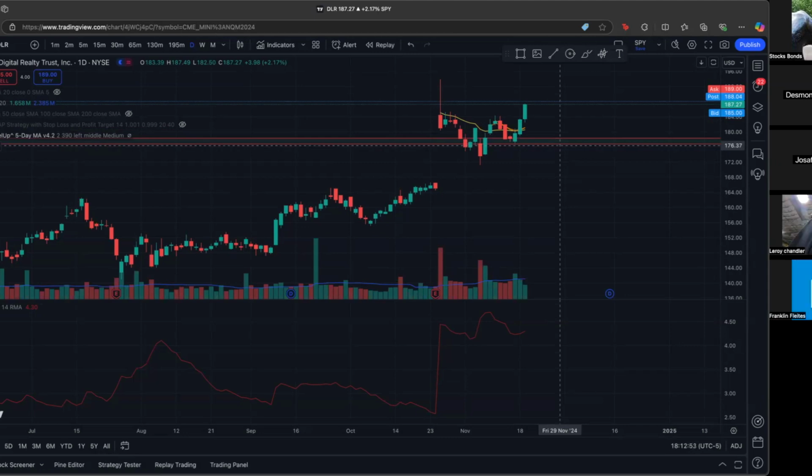And if they had a down day, 183 minus 4.30 will be around $179 to the downside. So 179 to the downside and 187 to the upside will be the expected move for the stock based on the ATR.